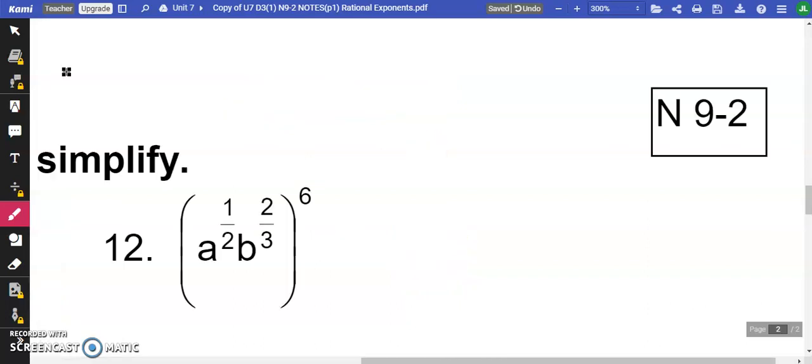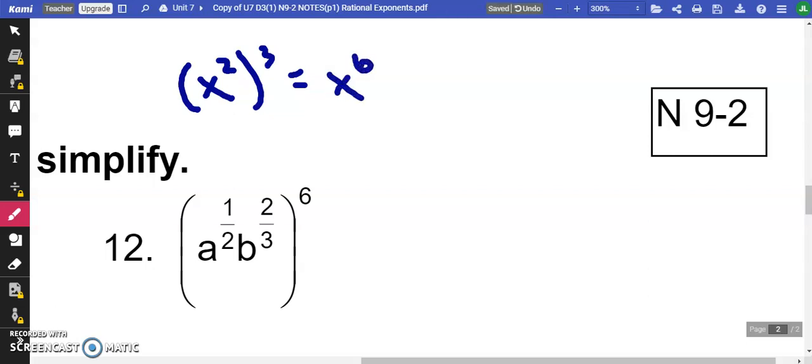For number 12, we want to remember that when I see two exponents on the same number, the exponents get multiplied together. So if I had x squared raised to the power of 3, the total exponent would be 6. So for number 12, I'm just going to take this 6 and distribute it to my two powers.